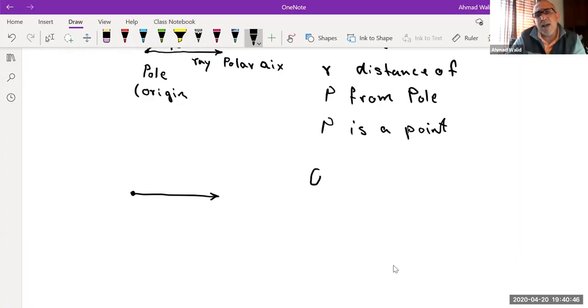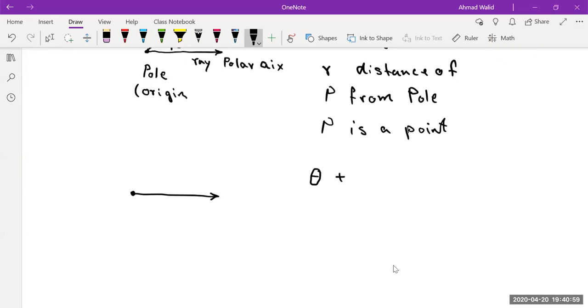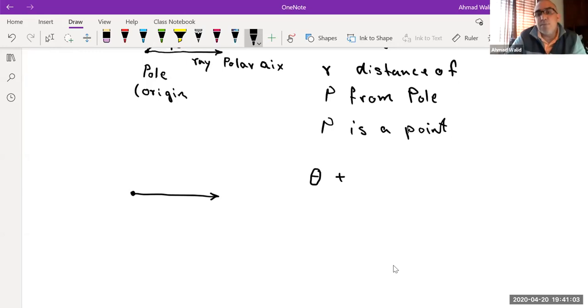It means when your theta is positive. What does it mean? Who knows what it means when theta is positive? If you want to draw a positive angle, what will you do? It's going counterclockwise. Very good, excellent. Positive angles, you are moving counterclockwise, right? You are going this way.